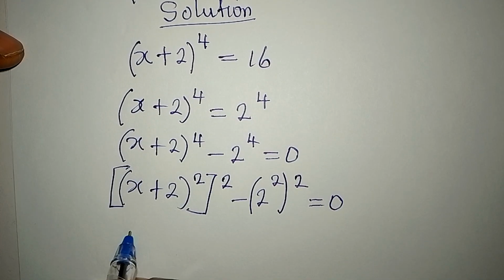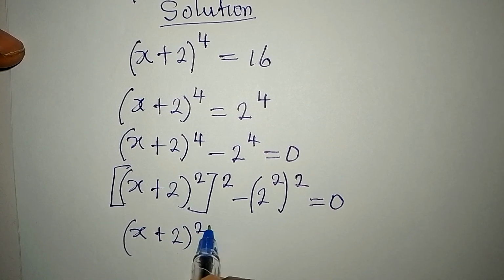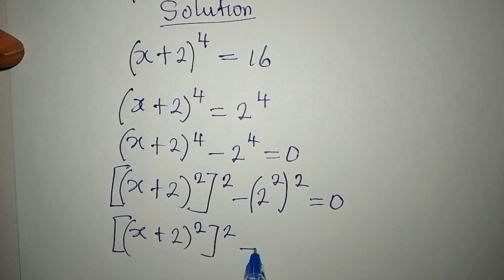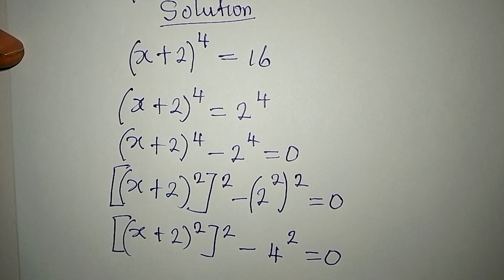Let me continue. So we have ((x + 2)^2)^2 minus 2 squared, which is 4, so we're having 4 squared now. This is equal to 0.